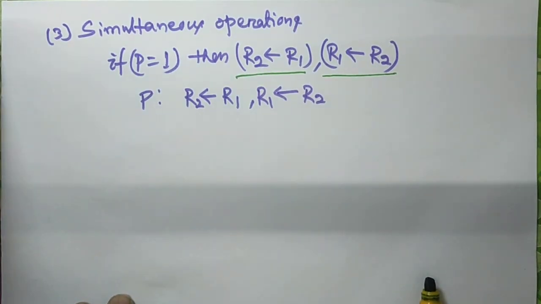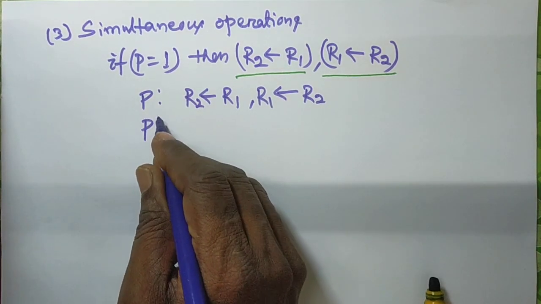In this way we can consider different operations simultaneously. This is the basic concept of the register transfer operation. If we go through more than one operation, then we can call it simultaneous operations.